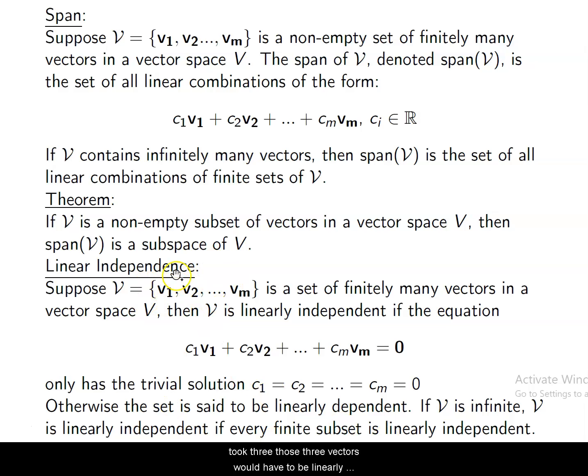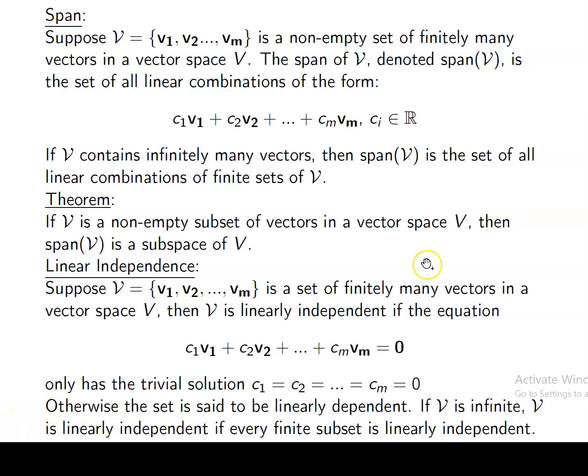If I just took three, those three vectors would have to be linearly independent, and so forth, because there is an infinite number of vectors. So any finite subset I take of that infinite set would have to be linearly independent. If that's true, then this set of infinite vectors is linearly independent.